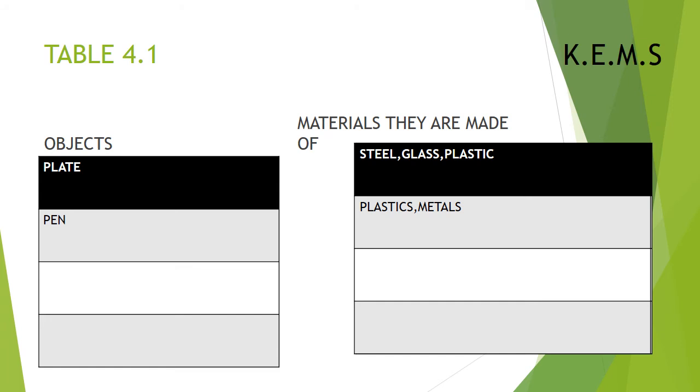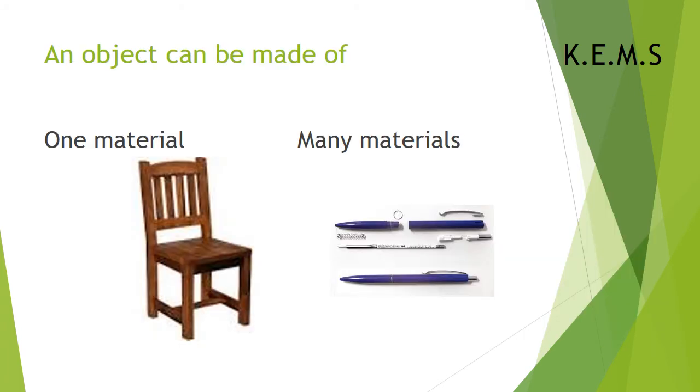In the previous picture, you have seen a large number of objects and materials. Similarly, you can complete the table which is given. An object can be made out of one material, or it can be made out of many materials. You can see on the screen, for example the chair in the picture is made only out of wood, whereas the pen is made out of plastic.